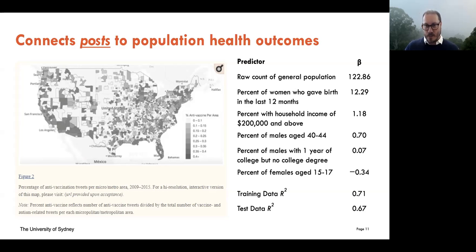So you can see that this model was kind of problematic, and you can imagine how the media might take this up and look at the information about, for example, the proportion of Asian people in a particular region, and assume, first of all, causality, that more Asian people means more anti-vaccine sentiment in a particular location, which is clearly not true.